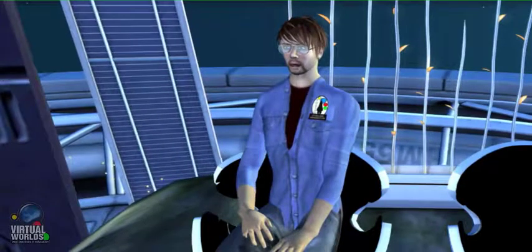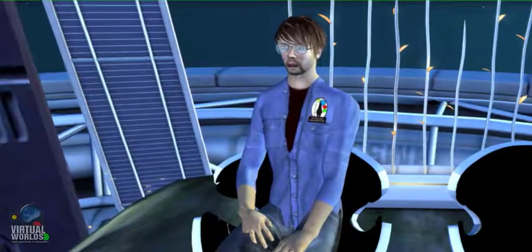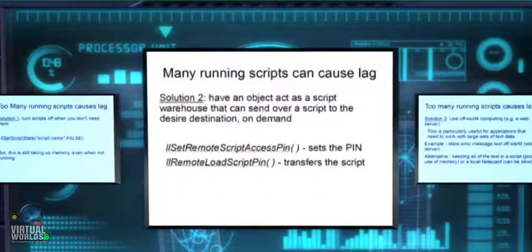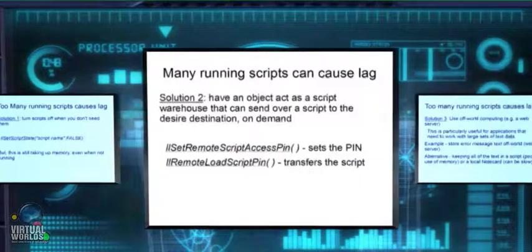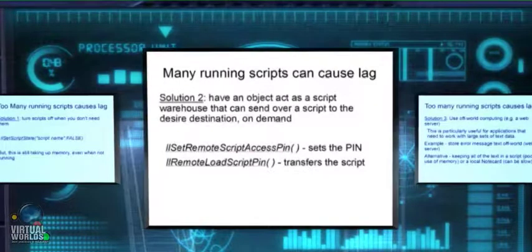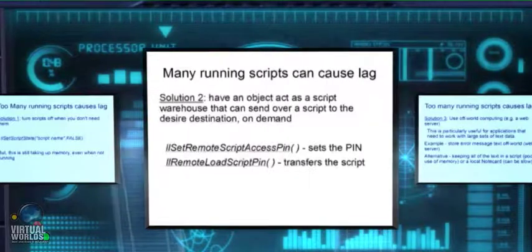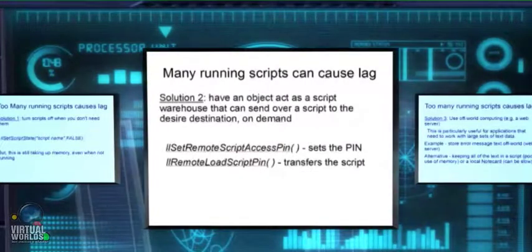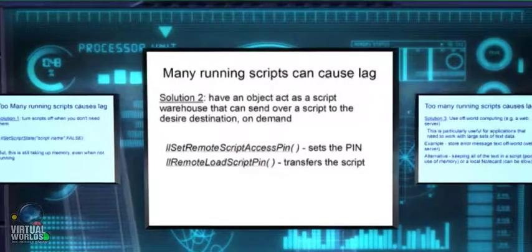And so I've used this to essentially have an executing object and a warehouse object. And you use these two APIs: the set remote script access pin sets the pin. You have to provide a pin to the second call so that you can essentially authorize the injection.